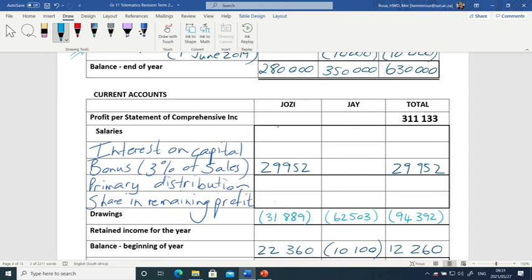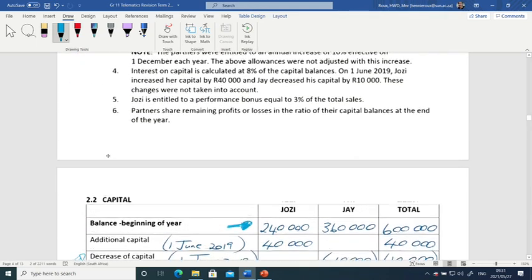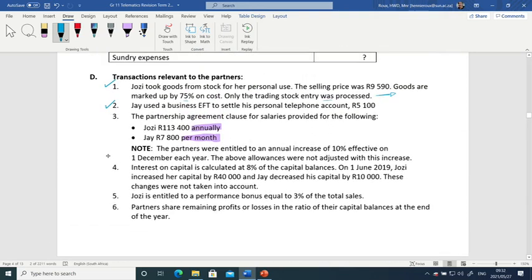Salaries for Josie, 116,235, J, 95,940, and that will give you a total of 212,175. Okay, so we are done with salaries.